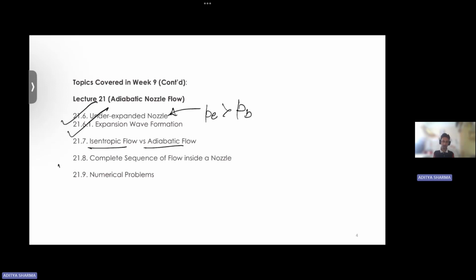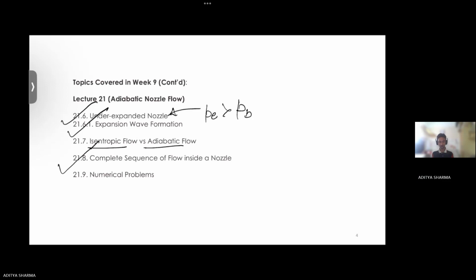And then this complete sequence of flow inside a nozzle has been summarized, taking the overexpanded case, the underexpanded case, and the ideal expansion case into consideration, when PE equals PB, exit pressure equals back pressure.